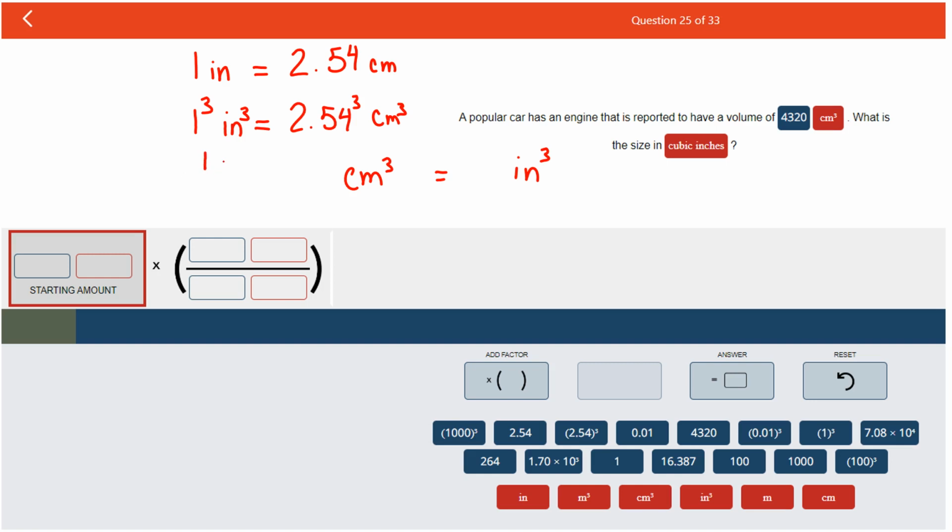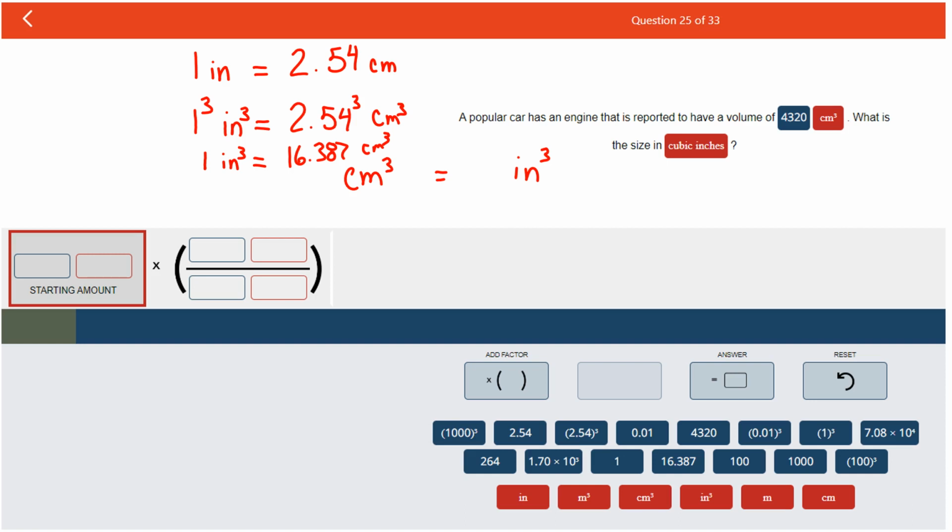I know that 1 cubed is 1. And then I can actually leave this like this, or I could do it in the calculator and find out that it's like 16.387 centimeters cubed. I looked right there and I knew that was the answer. I've done it enough that I know it.